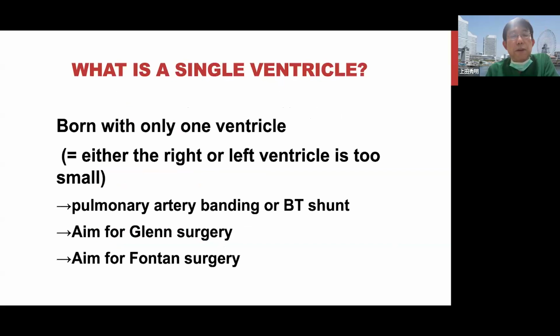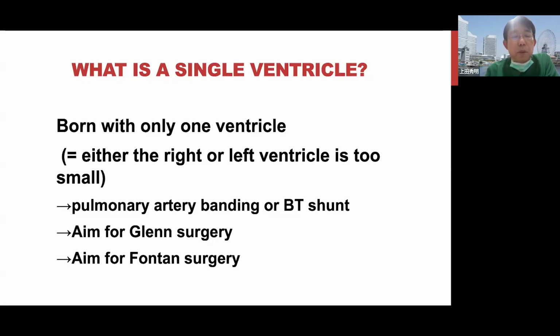Born with only one ventricle, maybe the other side, the right or left ventricle, is too small. We have to do something else. We have to go for the Fontan operation, which means that the first palliation should be pulmonary artery banding, or maybe we have to introduce the BT shunts, or maybe we have to put PDA stenting to receive adequate flow from the aorta.